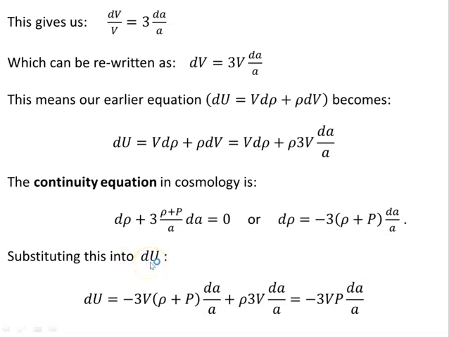We're going to have dU is this bit here, where the d rho is, we put this object, plus rho 3V dA on A. And then if we tidy that up, we notice that the 3V rho dA on A terms will cancel, and we'll just be left with this pressure term in the middle. So I'll have minus 3Vp dA on A.